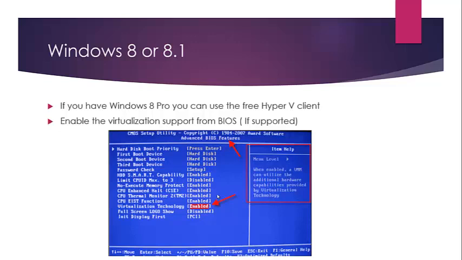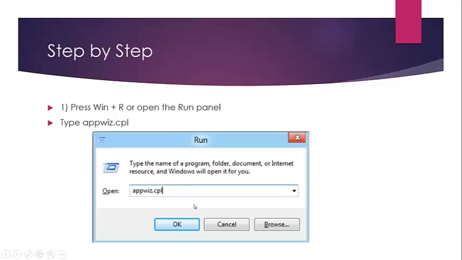Every computer has different BIOS start options. Please make sure you click on those buttons and you go to the BIOS settings and enable virtualization. As soon as you do that, I would recommend you, if you have Windows 8, to press the Windows logo and the R key.